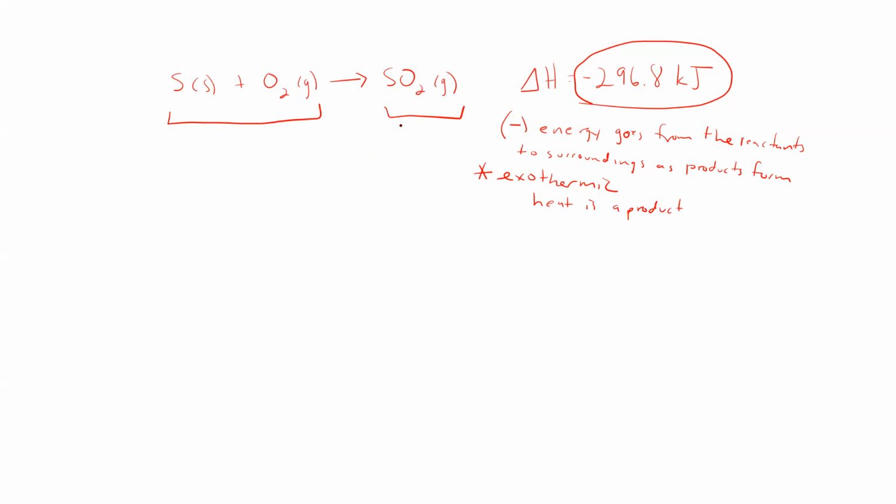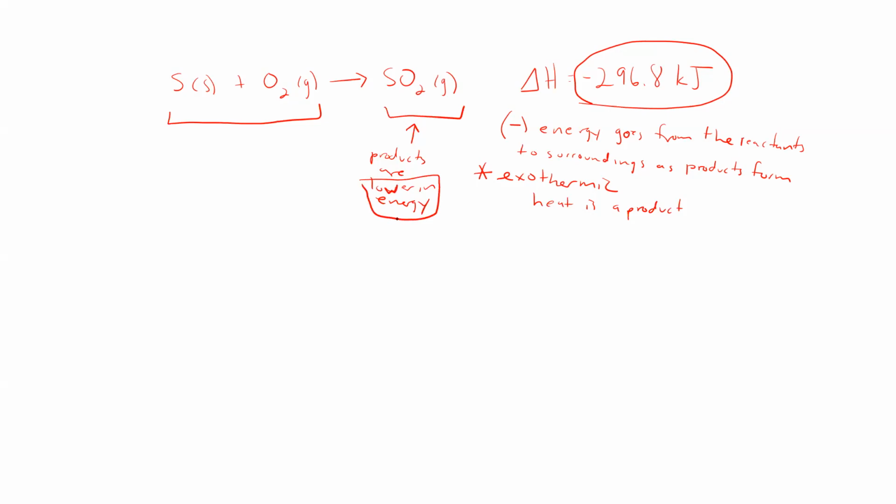And when you have something that is exothermic, it says that the products are lower in energy than the reactants. When we say they're lower in energy, this idea of something being lower in energy.